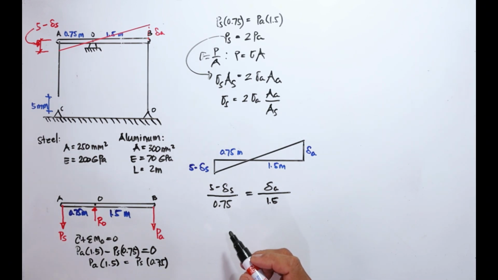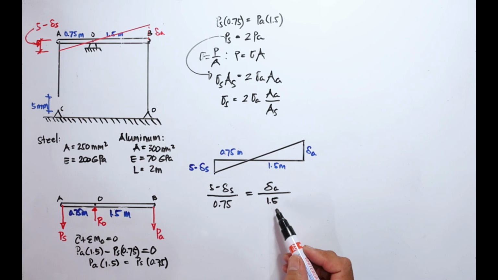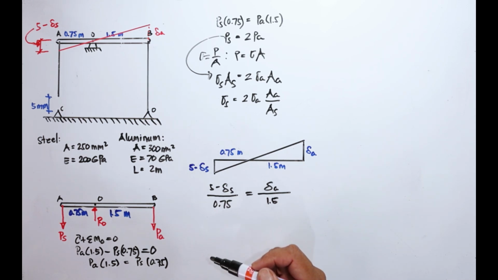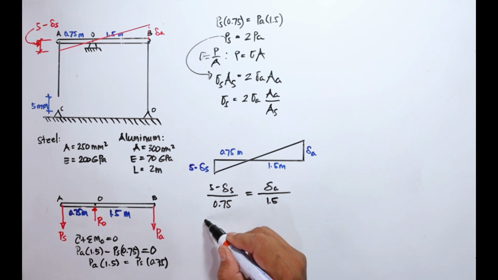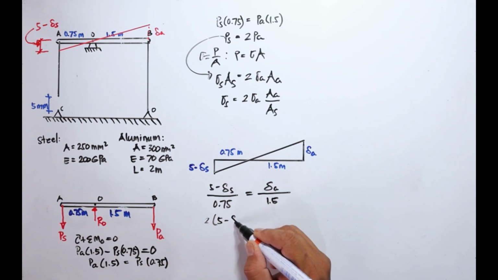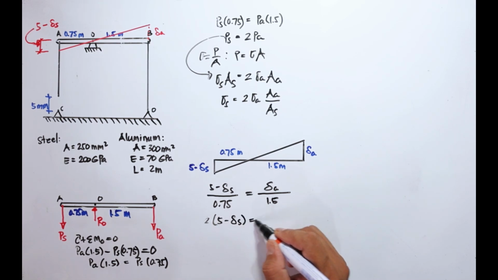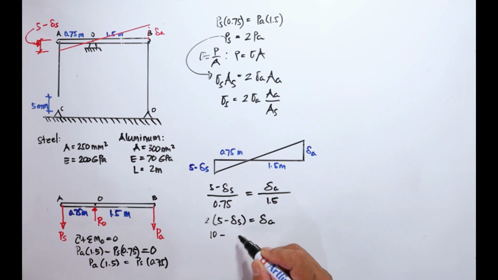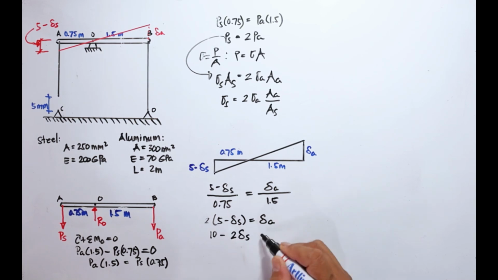Okay, so if we multiply 1.5 over here divided by 0.75, that will be 2. So we have 2 times 5 minus delta S equals delta A. So that's 10 minus 2 times delta S equals delta A.